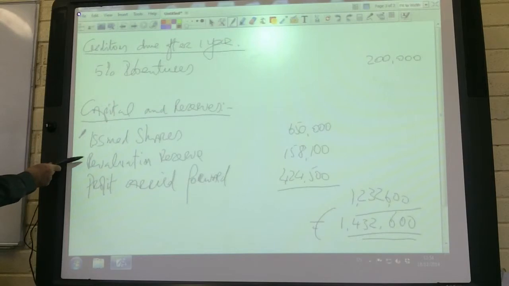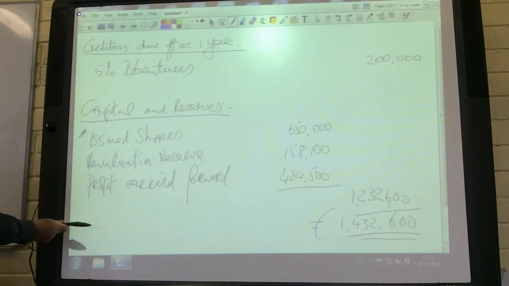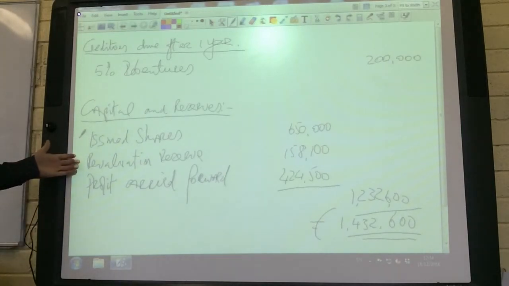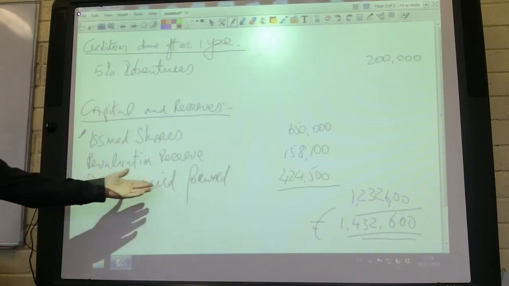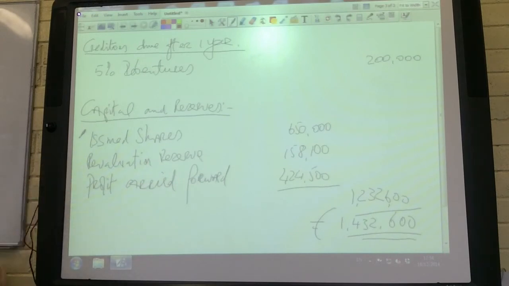If you put revaluation reserve on the other side of the P&L balance, you're probably going to lose a mark or two. So the idea really would be that the capital reserve, which is what revaluation reserve is, is added to your share capital, and then you'll add in your revenue reserve, your general reserve, you know, your P&L balance.